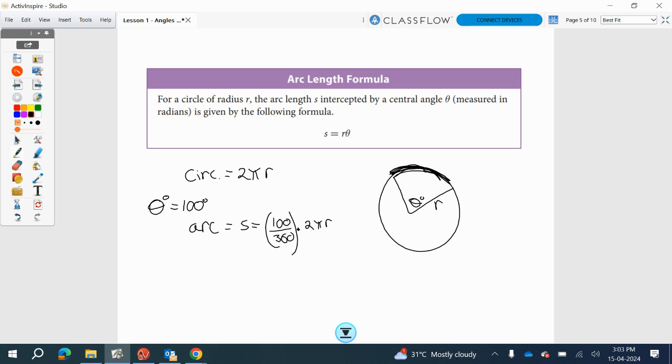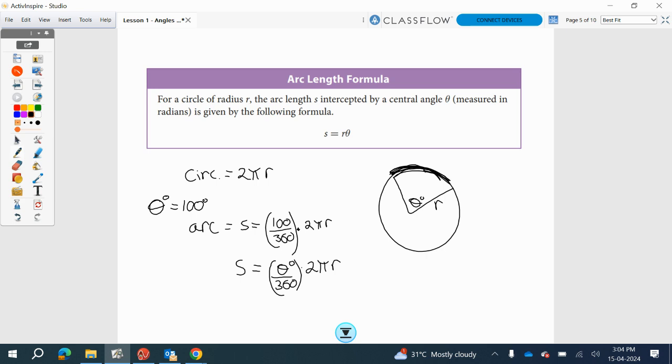So we just multiply it by this little percentage conversion. So theta in degrees over 360, multiplied by 2 pi r, is going to give us the arc length for any particular circle.